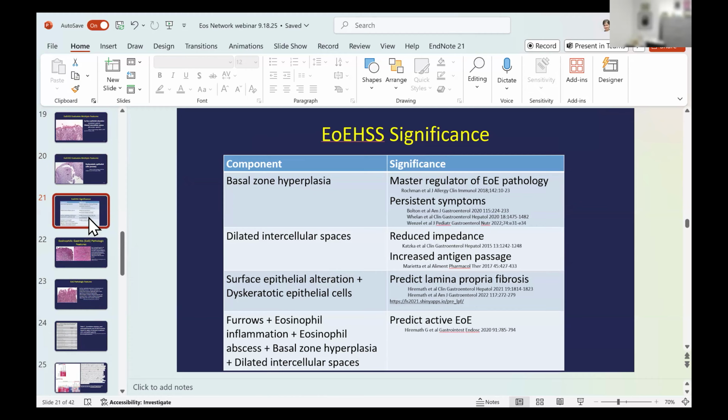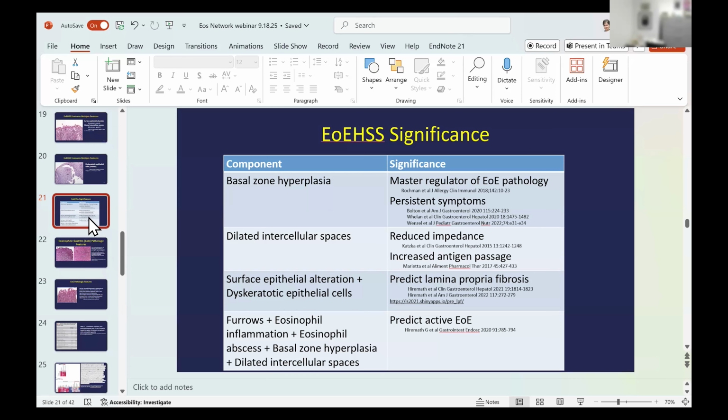And basal zone hyperplasia may be responsible for persistent symptoms in patients who have ongoing symptoms even after eosinophils have disappeared. So they're a target for therapy, probably.